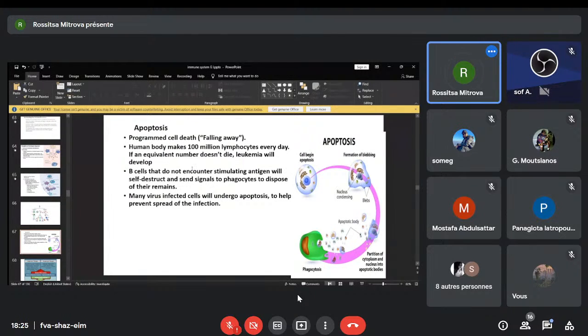So B cells that do not encounter stimulating antigen will self-destruct and send signals to phagocytes to dispose of their remains. Many virus-infected cells will undergo apoptosis to help prevent spread of the infection.